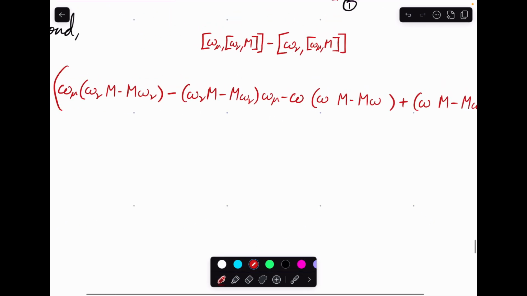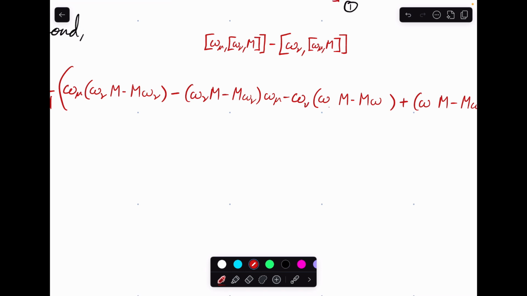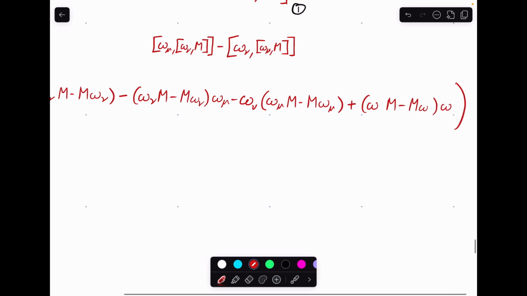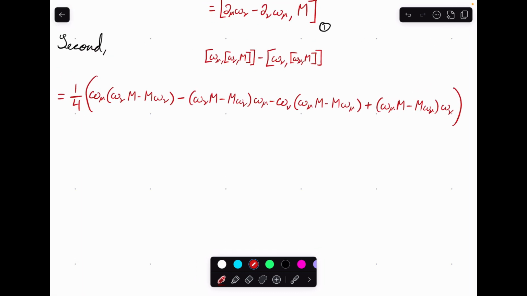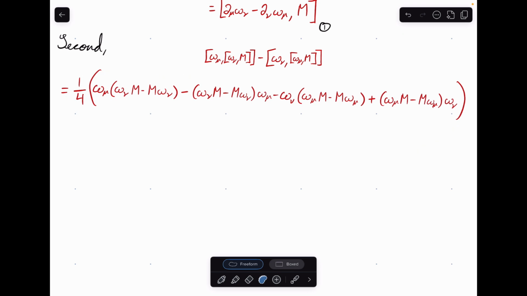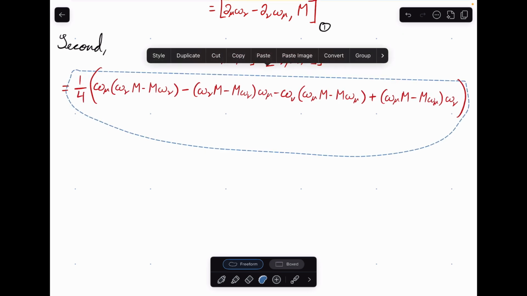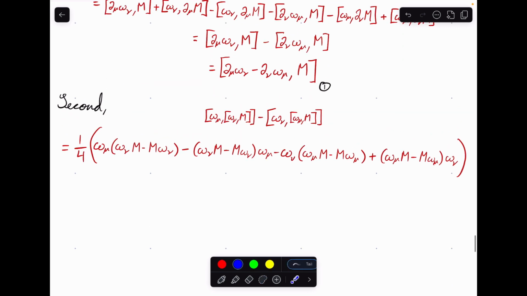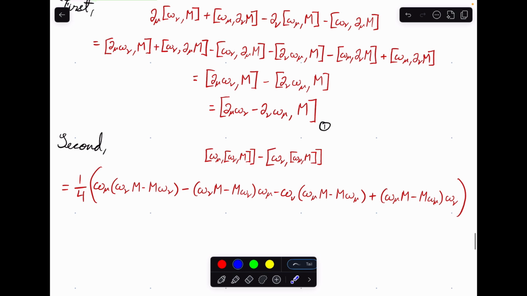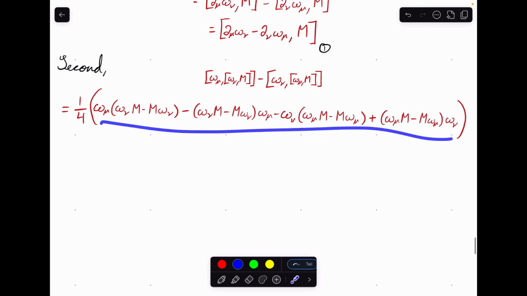So it goes mu, mu, mu, mu, mu, mu. Okay, so that's the first expansion. You can already see that it's a simple expansion, but there are lots of terms.